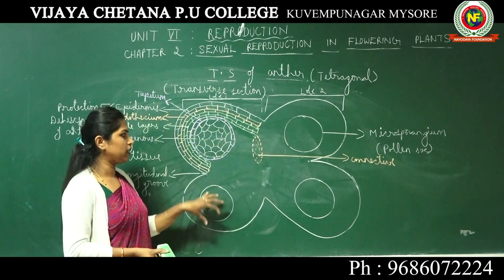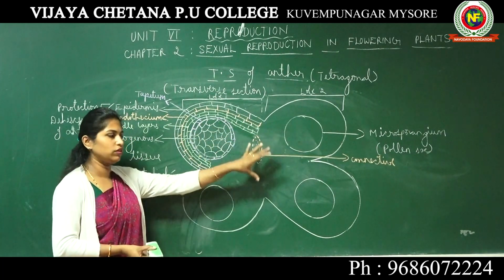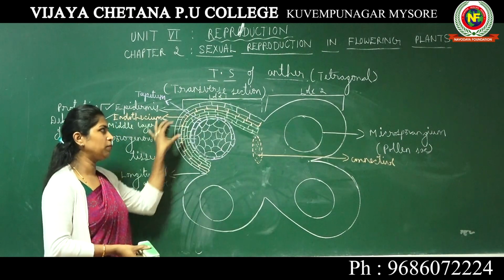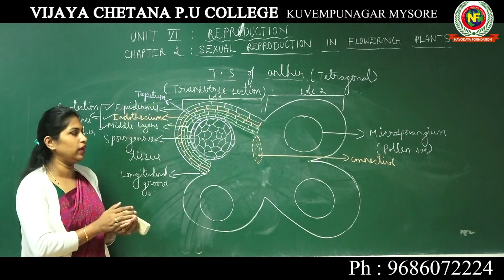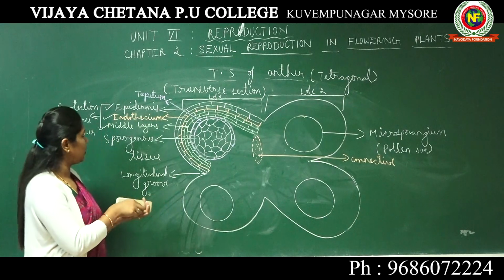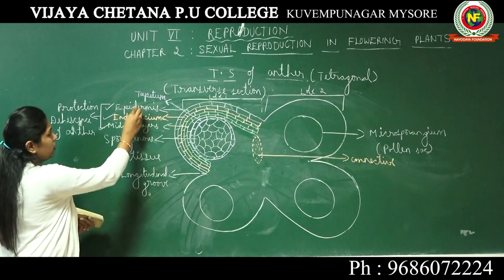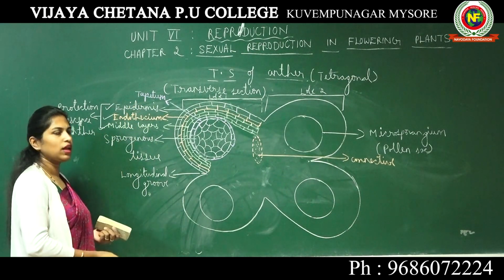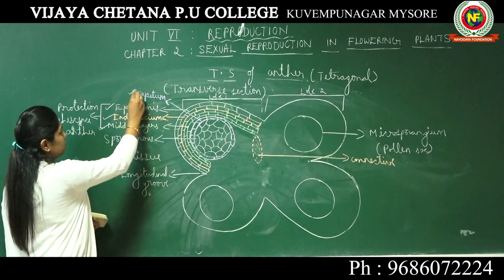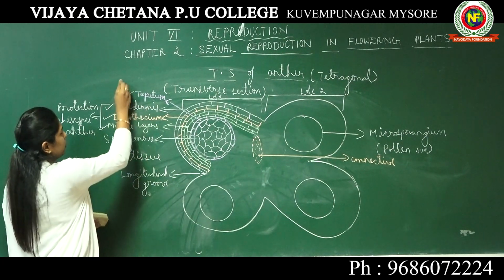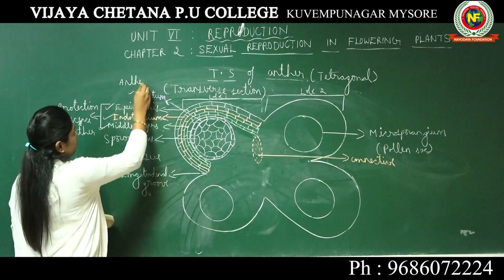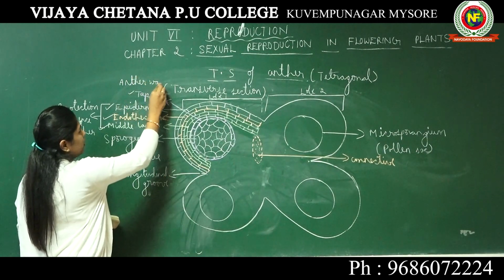Every microsporangium at every 4 corners of the anther is surrounded by 4 wall layers. Generally these 4 layers together can be called as anther wall, because they are protecting the anther.